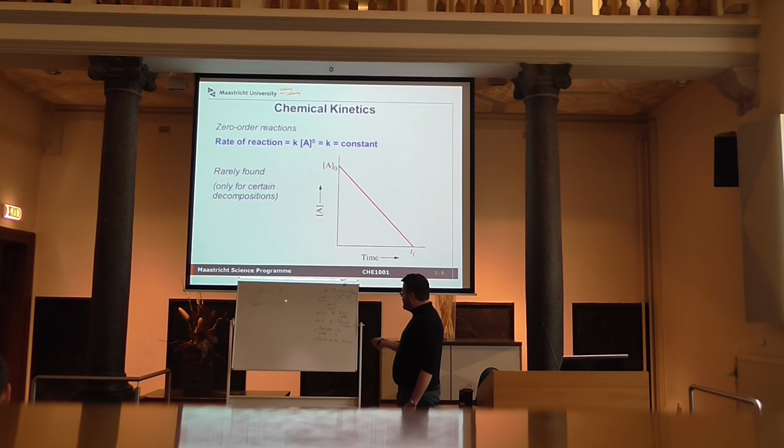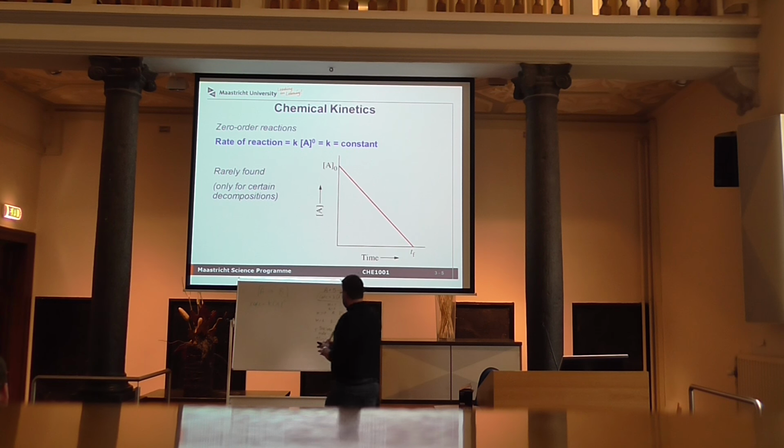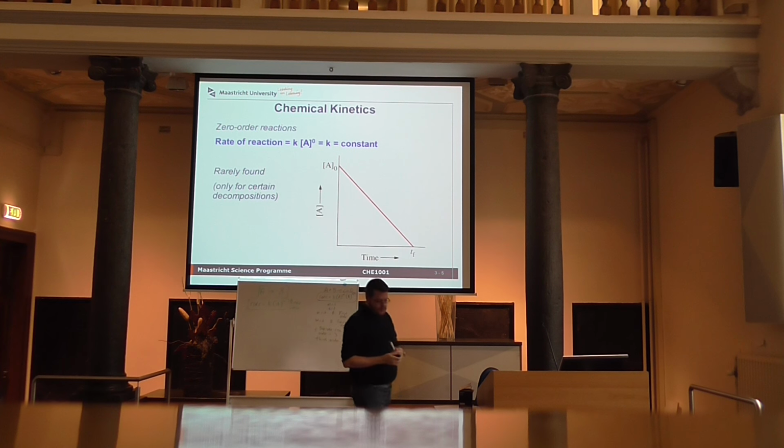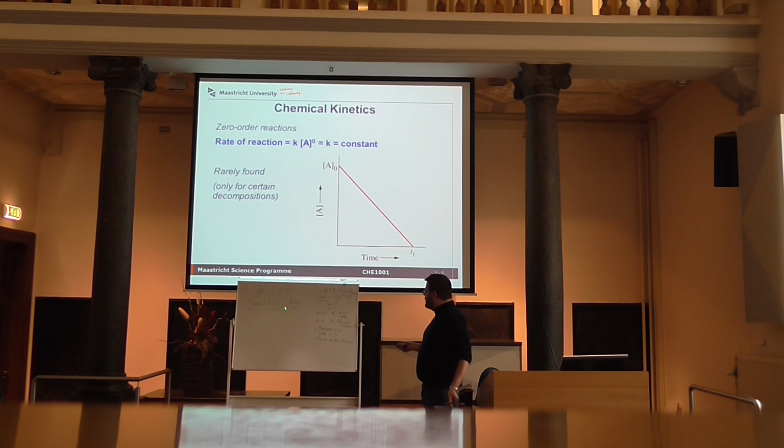Now the question is, so this is the rate law. We call this thing here the rate law. Now let's suppose that N, by experiments, we find out that N, the order of the reaction, is 0.